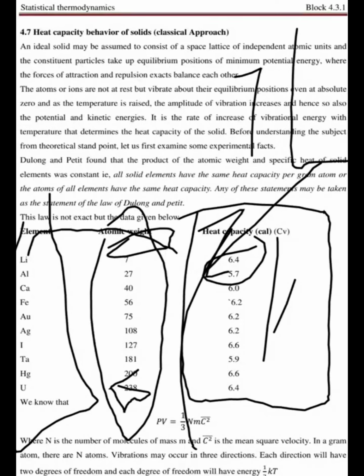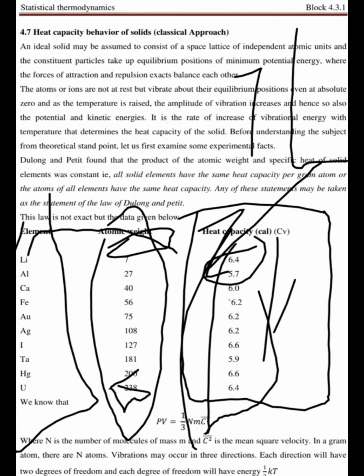For certain elements, it showed especially low heat capacity. The values of heat capacity were generally from 6.2 to 6.4. For some of the elements, it showed around 3.5, 2.5, 1.5.